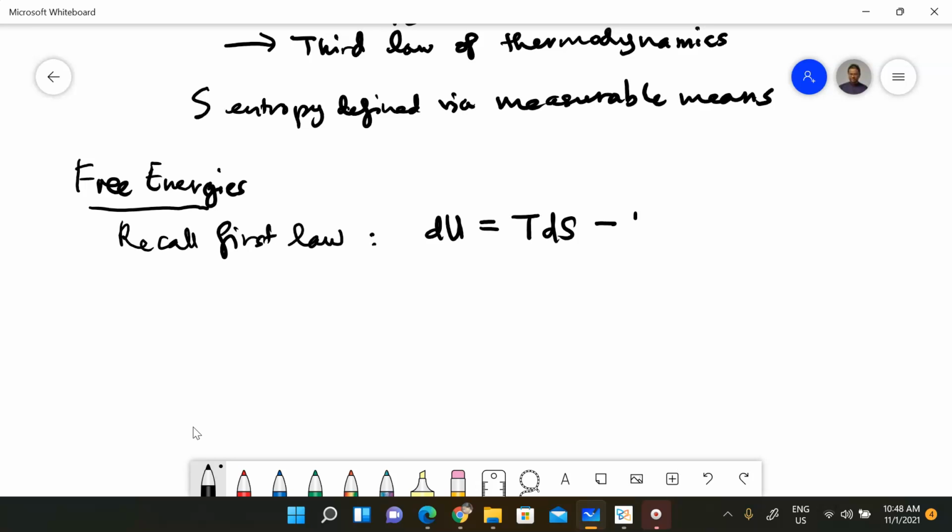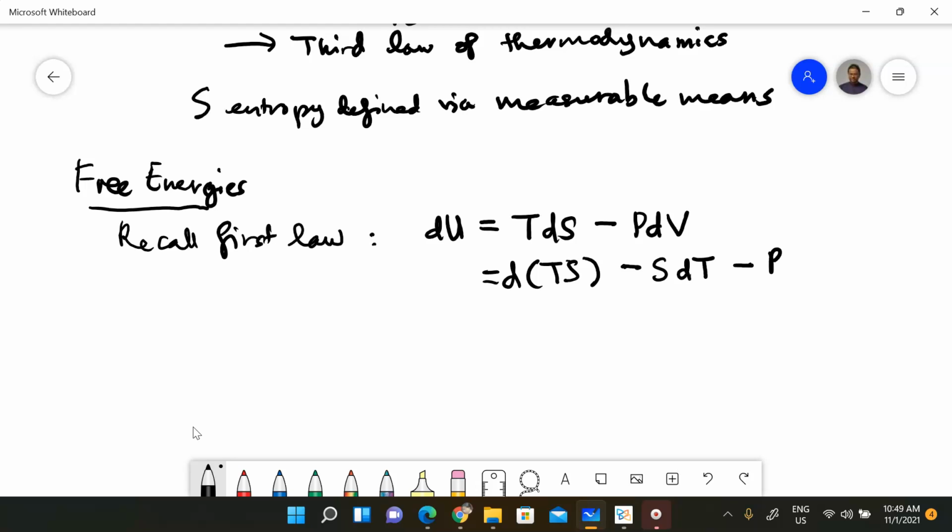Now I can define as follows. So dU, I can take this as d(TS), and then you get your T dS, the one on top, but I also have S dT, so I need to take that away.